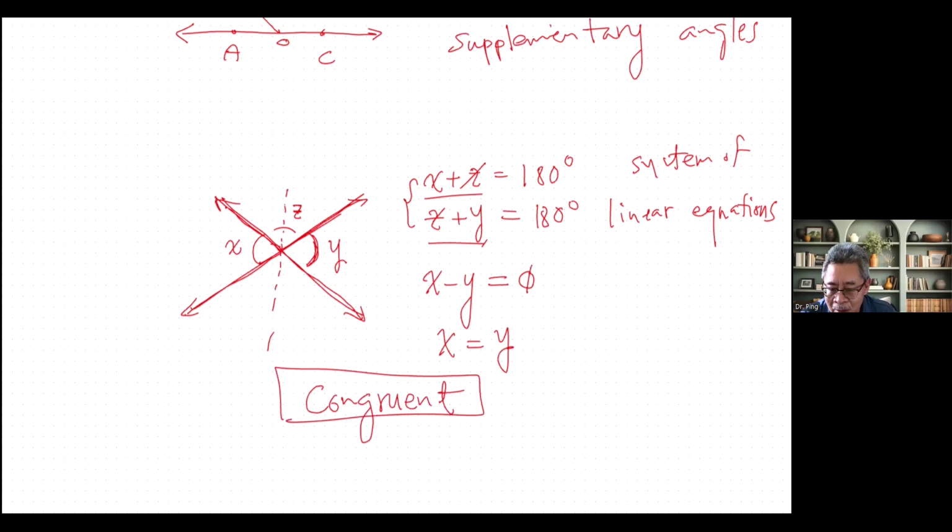So we said earlier, if we think about the whole thing as origami paper, and we fold this side to the other side, you see this angle will be perfectly on top of this angle, a perfect match.